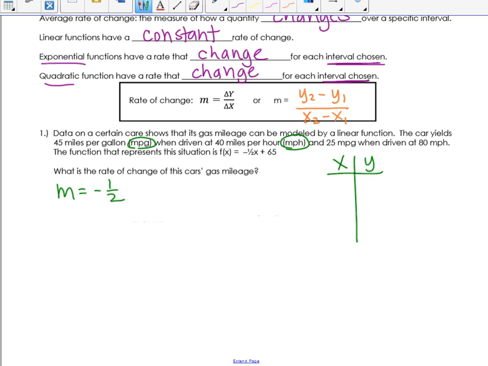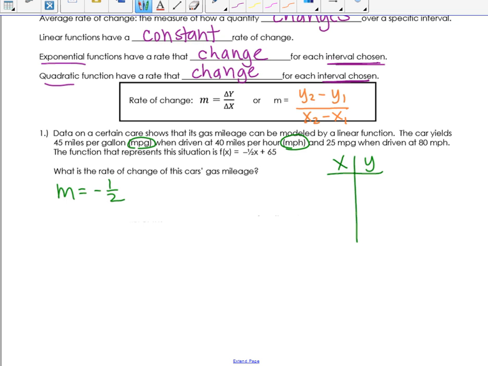So you need to think way back to x and y being independent and dependent, which aren't words we've used this year. But your independent variable is always x and your dependent variable is always y. So if you look at the two variables we're looking at, miles per hour and miles per gallon, you need to say to yourself, okay, well, which one depends on the other? How fast I go, that's what I'm controlling.